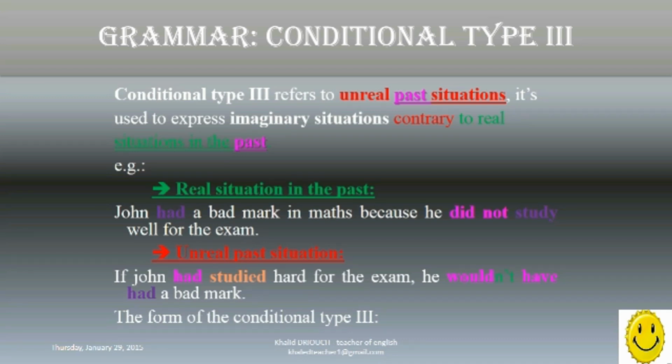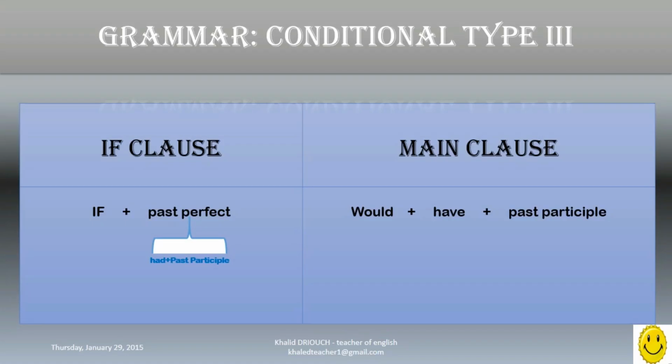Talking about the form is the next thing we're going to do, so let's move on and see what the form of conditional type 3 is. In conditional sentences we always have two parts: an if clause, or condition, and the main clause, the result of that condition. How do we know the if clause?